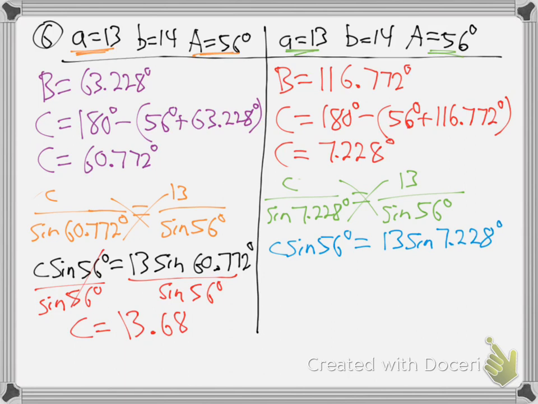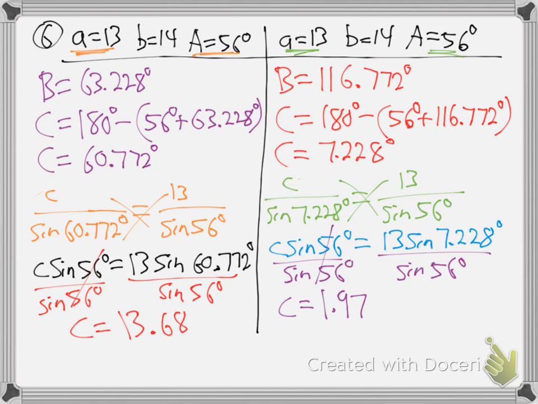Last step to get it alone is to divide by sine of 56 degrees. Boom, little c is 13 sine 7.228 divided by sine of 56. I'm getting 1.97. Whew. There it is, two complete triangles.